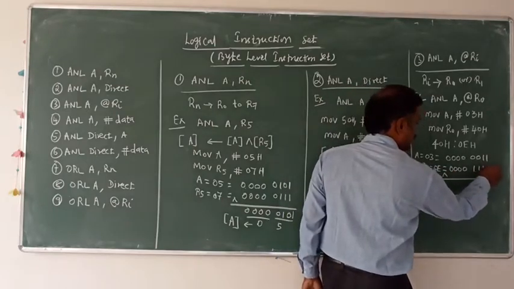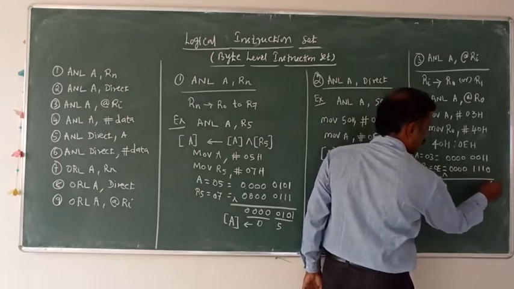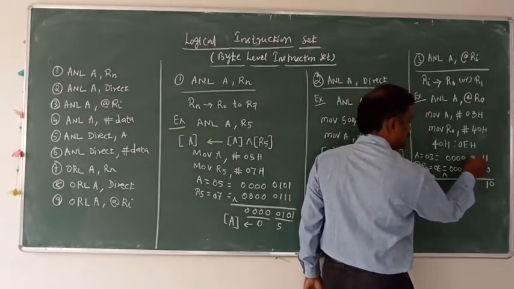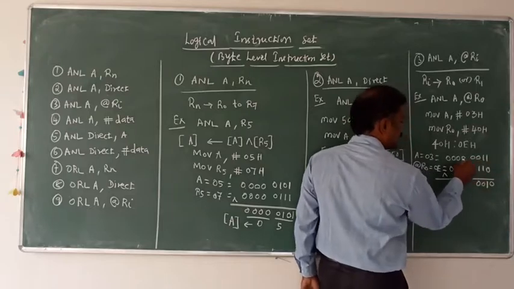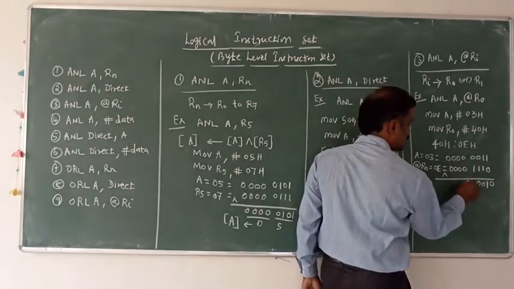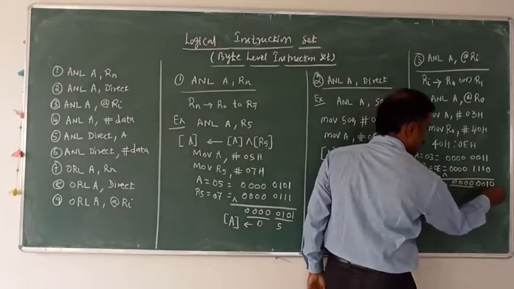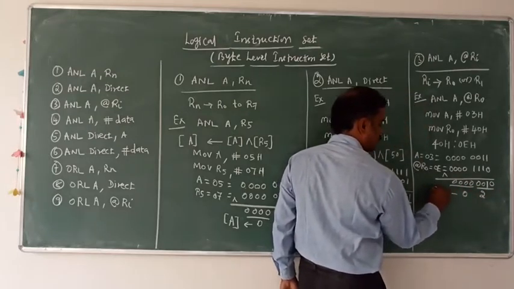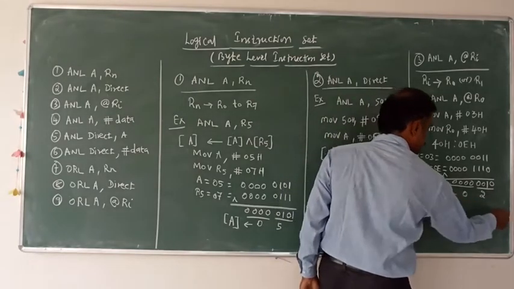Now logically AND these two. Any one input low means output is low. This is low, output low. Both are high, output high. Any one input low means output low. Here all the 4 inputs low means output is low. Now the result 0 is moved to the A register itself.